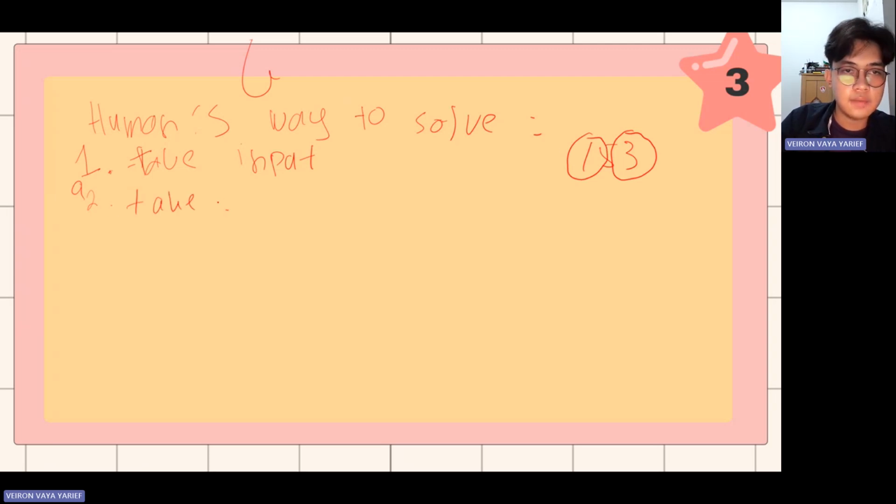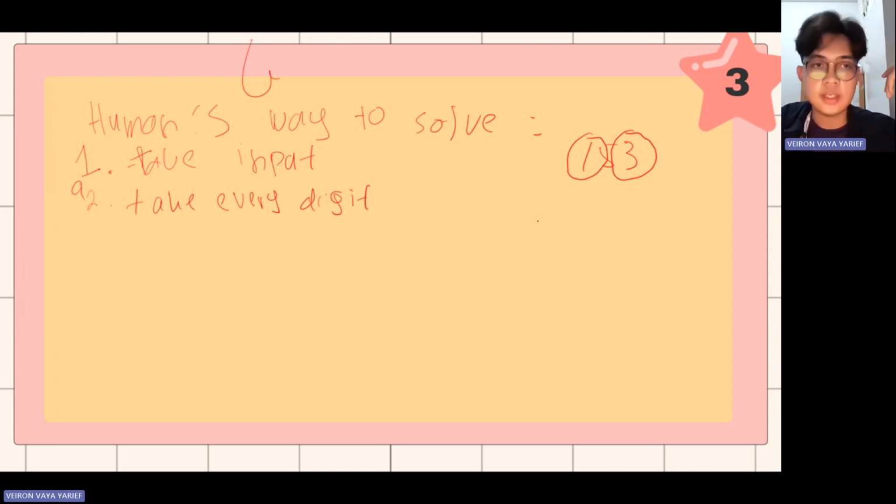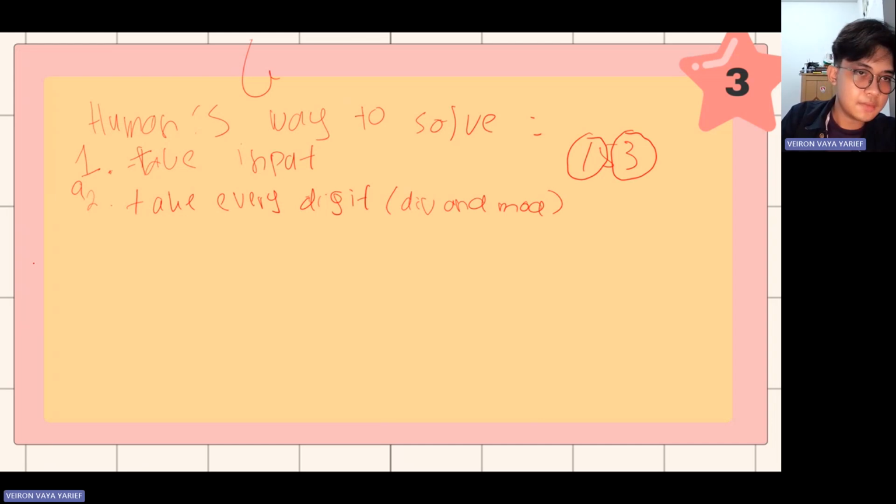Take every digit. We already learned this in our first exercise about data types, that you can take the digits by using division and modulus operations. As humans, maybe we have the instinct that we will use div and mod.